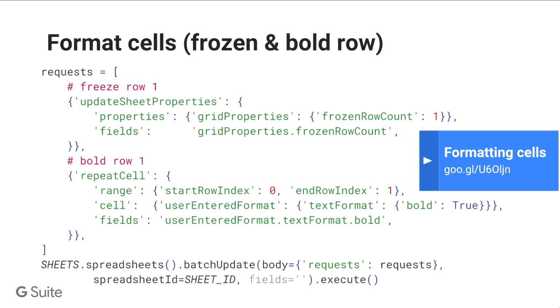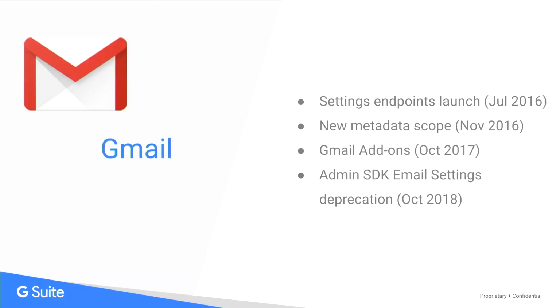So I want to bold the entire first row by setting the text format flag to bold to true. Okay? And then I call the Sheets API. I send it the commands, give it the spreadsheet ID, no return value, and execute, and then it's done. Okay, so this is all it takes to do this too, a one-line call. All right, everybody get it so far? All right, let's move on.